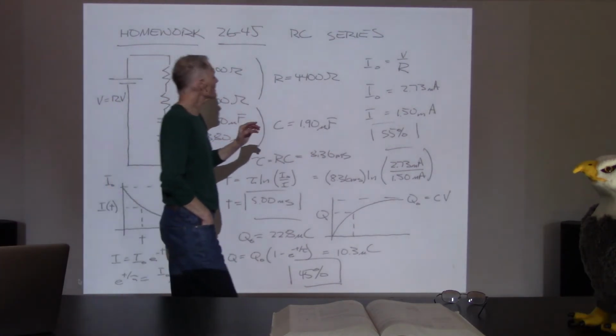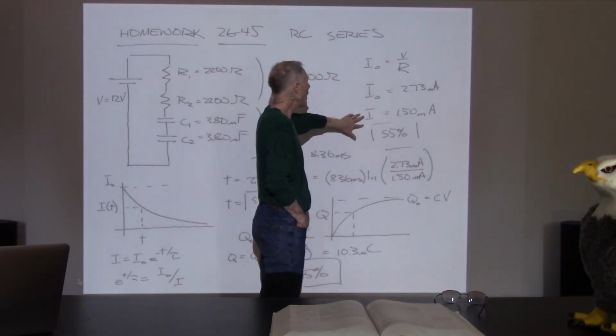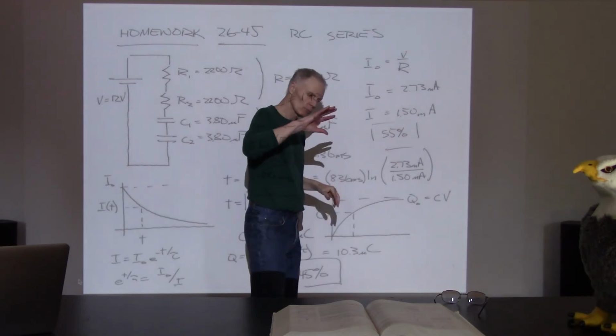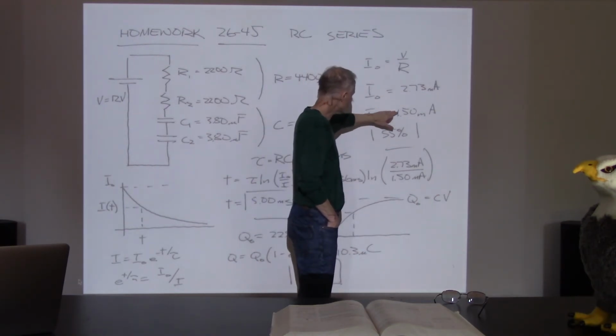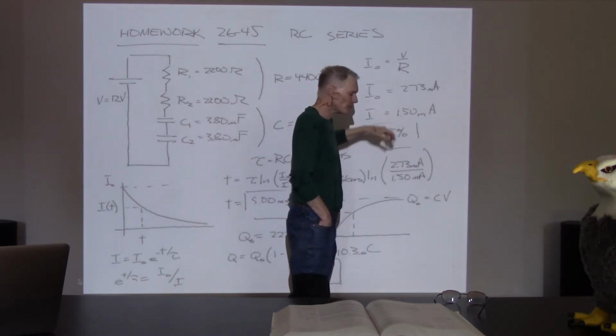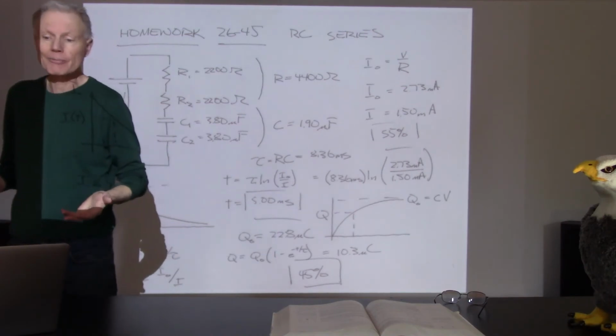Now what they wanted us to calculate here was how long will it take, when I close this circuit, for the current to drop to 1.50 milliamps? Now I have to find out what the current's going to start off at.